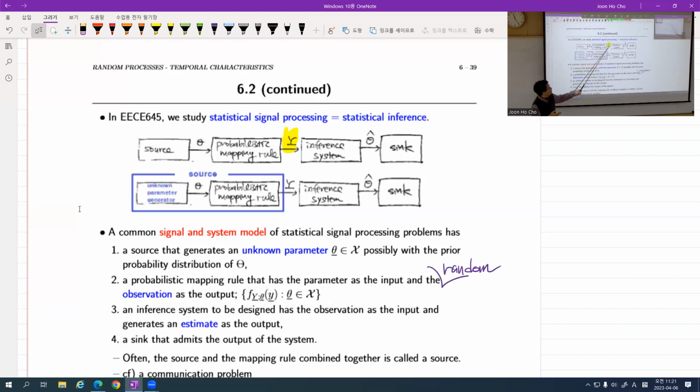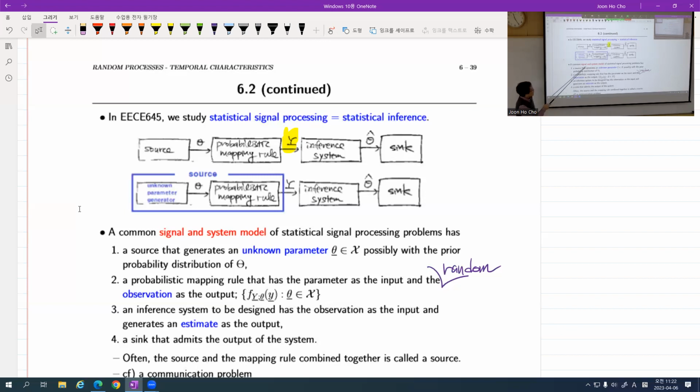Based on that, we have another system, not this one, another system, that accepts these many observations and optimizes parameters of this inference system. That is the training part, okay? So the idea is not that different from machine learning, but anyway.